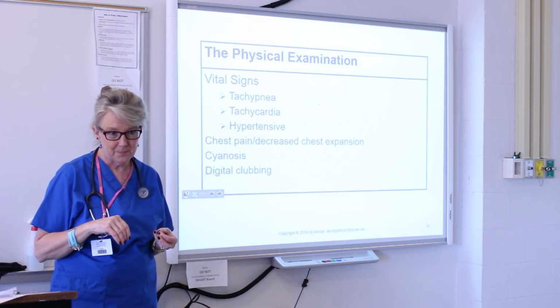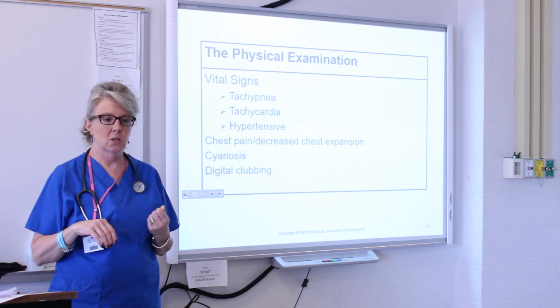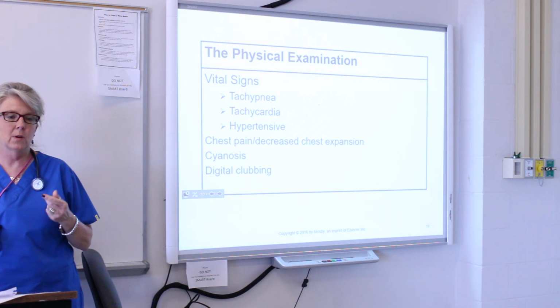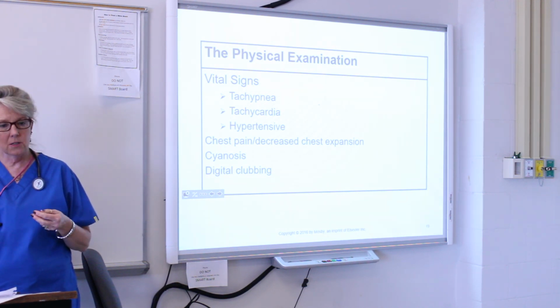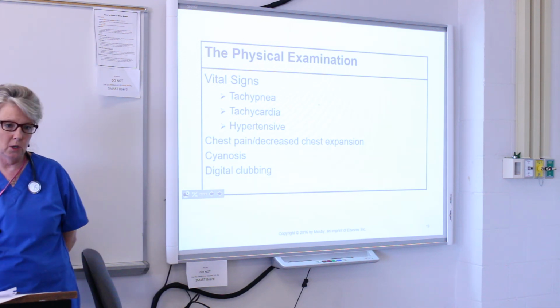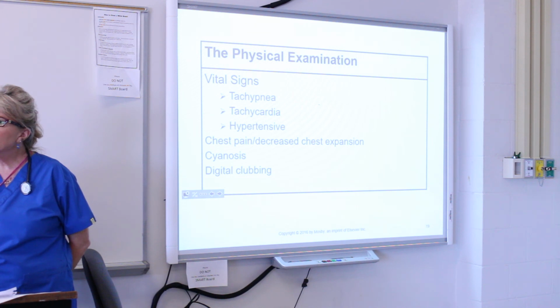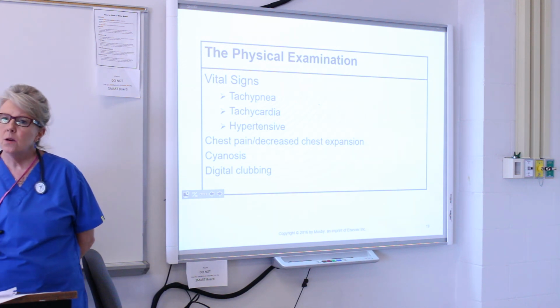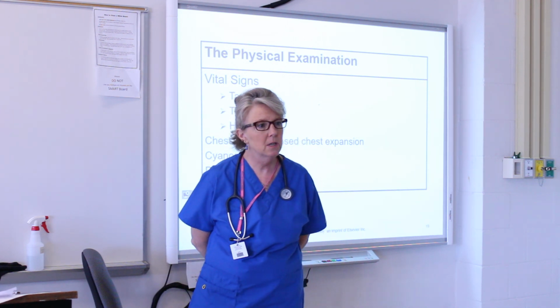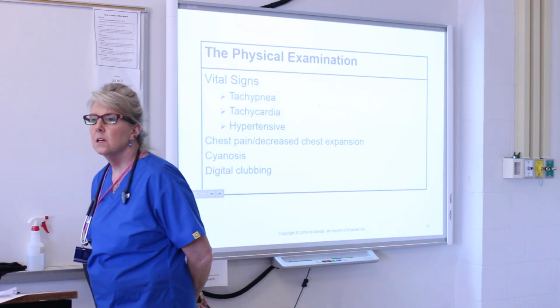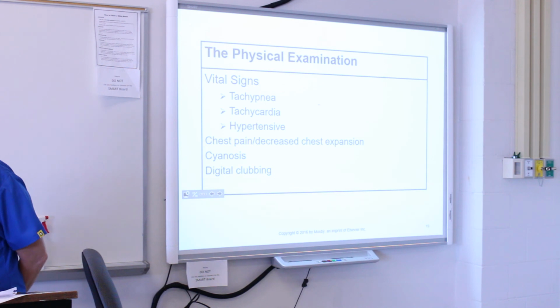Could you say that one more time? Cyanosis occurs with greater than 5 grams per deciliter of reduced hemoglobin. Now, what is the main culprit of peripheral cyanosis? Vasoconstriction.